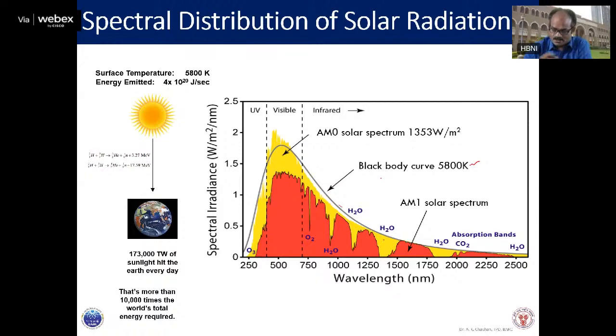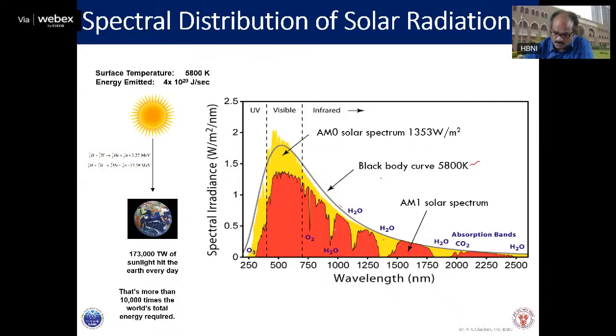As soon as this radiation enters the atmosphere, there are several gases, and the gases absorb the radiation as per their molecular structure. If the energy of a certain radiation matches with the energy levels, vibrational levels of the different gases, it will be absorbed.